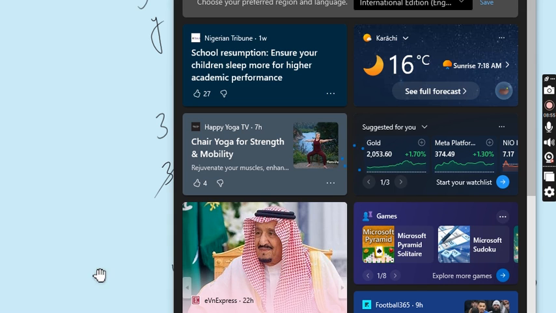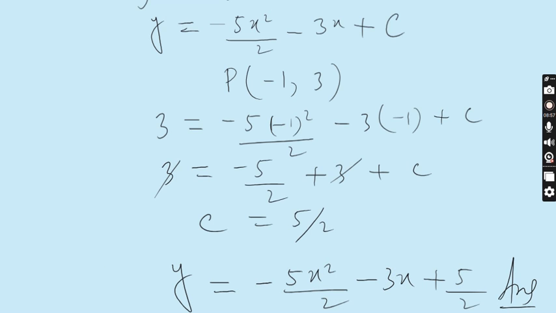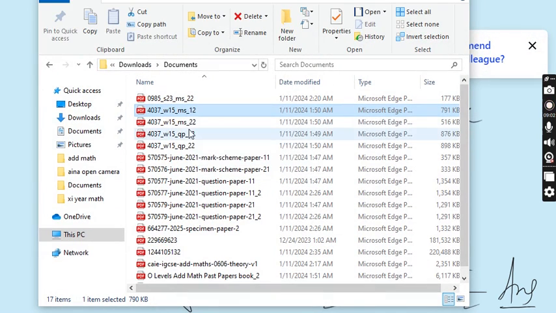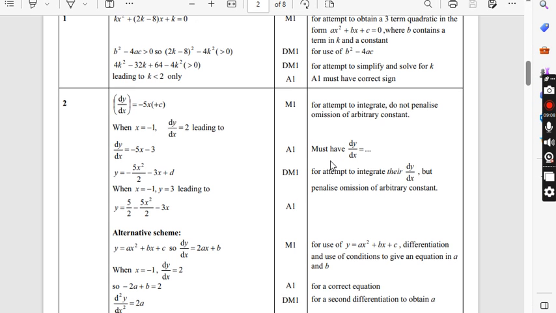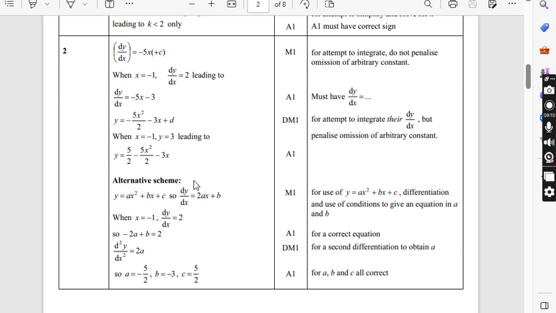Check the answer in the marking scheme, question number 2. It is -5x²/2 - 3x + 5/2.